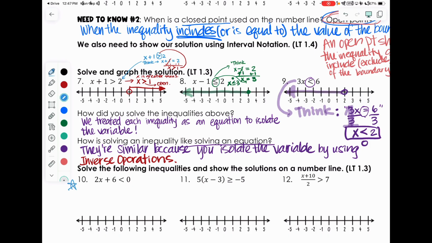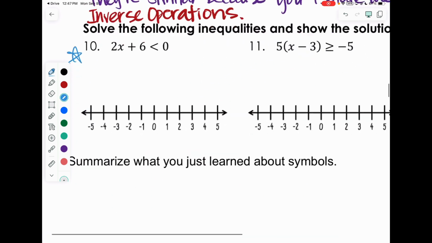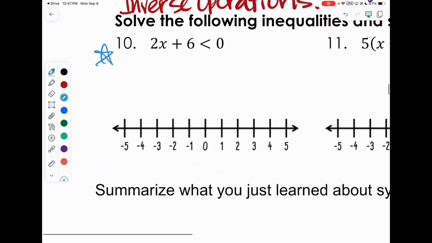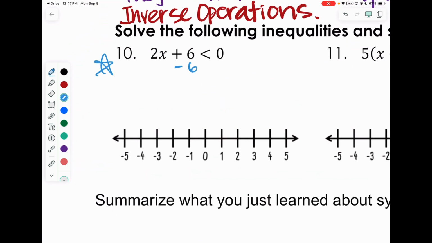Number 10. You got it. Take away 6 on both sides. Perfect. If you're ever unsure, because I had people doing this all day on their test, make sure you're crossing the equal sign or the inequality sign. Don't go to the same side, okay?